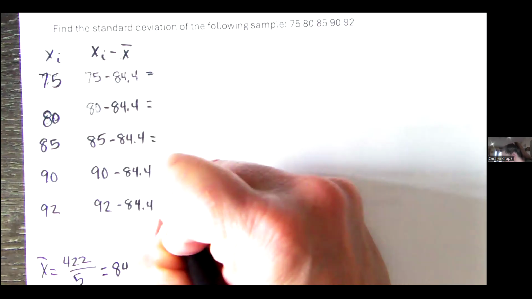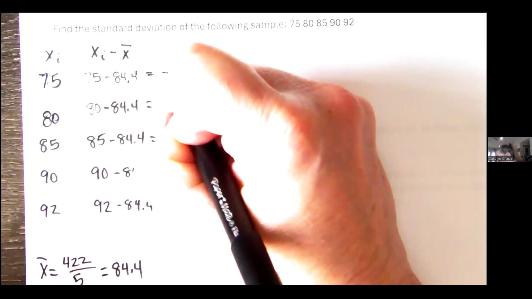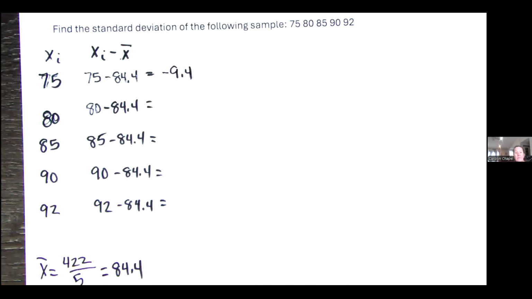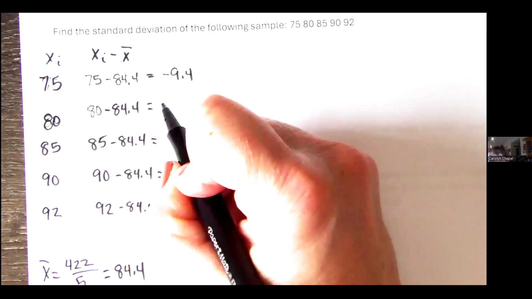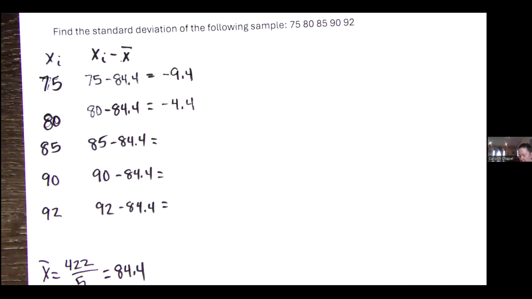And I'm getting a result. When I take 75 and subtract off 84.4, I'm going to get a negative number, negative 9.4. This basically tells me that I am 9.4 units below, hence the negative, below the mean. The 80 is going to be negative 4.4 units below the mean.